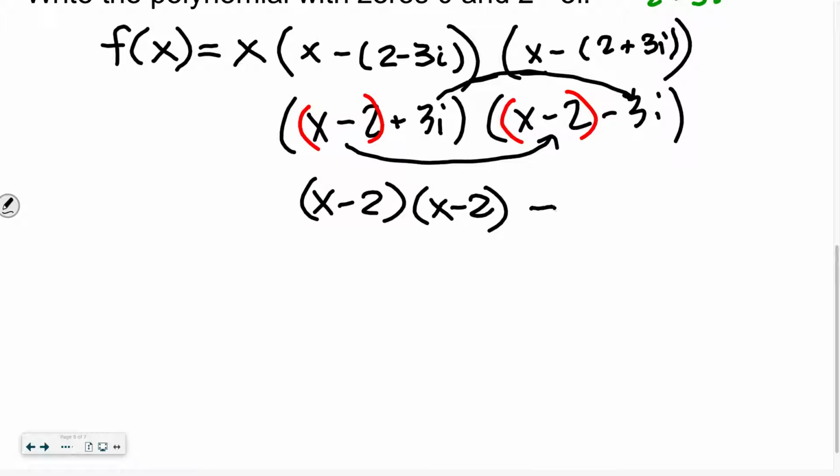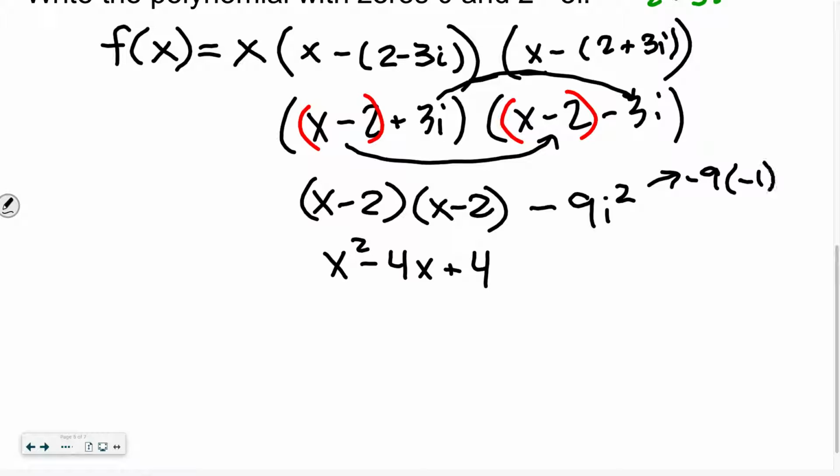Negative 9i squared. Oh yeah, you gotta remember, i times i is i squared. And then this is gonna give me x squared minus 4x plus 4. And then what happens to negative 9i squared? It's really negative 9 times negative 1, so that's a plus 9. So then I get x squared minus 4x plus 13.